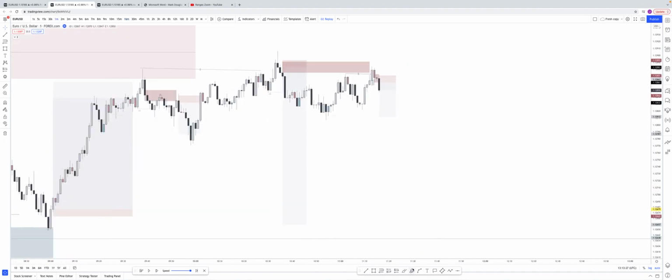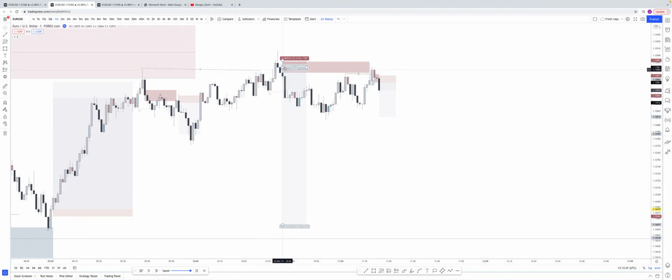So I'll just show where our flip is for anyone that can't see it. For me, we've got this demand range here, which we tap into this bit of it, the wick, which is actually what broke price with a body.